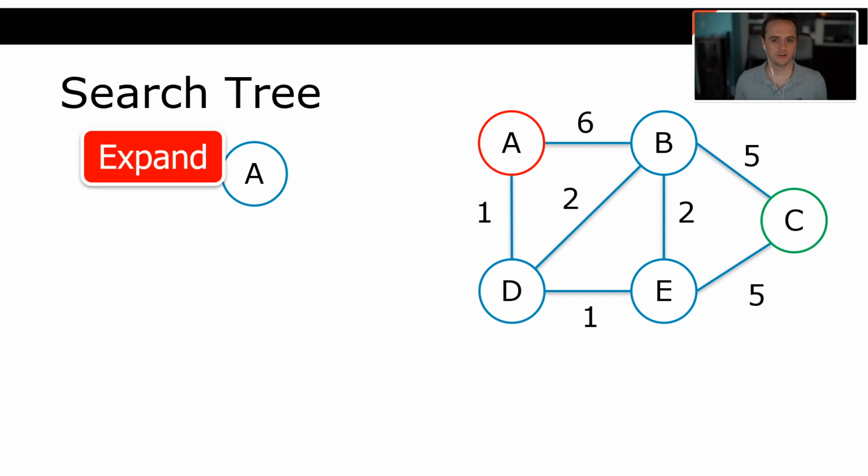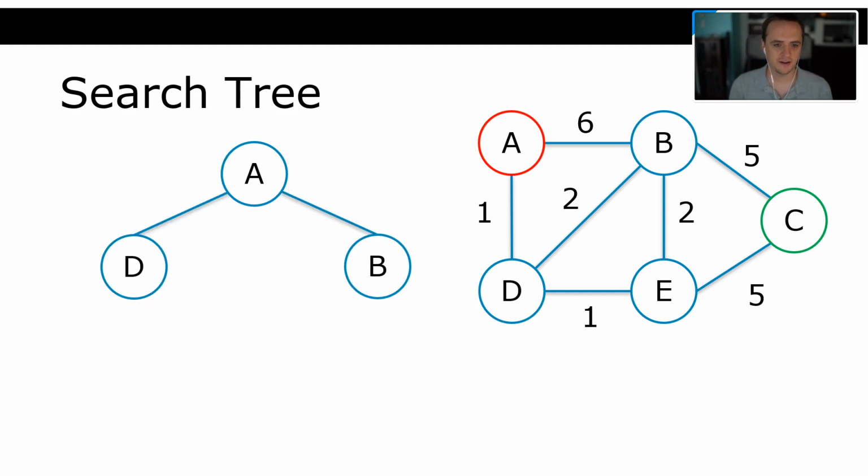Now what I'm going to do is expand this node. And what expanding the node means is that I consider all of the neighbors of this node in the original graph, okay? So, if I look at node A, and I want to generate its neighbors, then I'm going to see what the legal actions are from A. So from A, I can get down to D, and from A, I can get to B, all right?